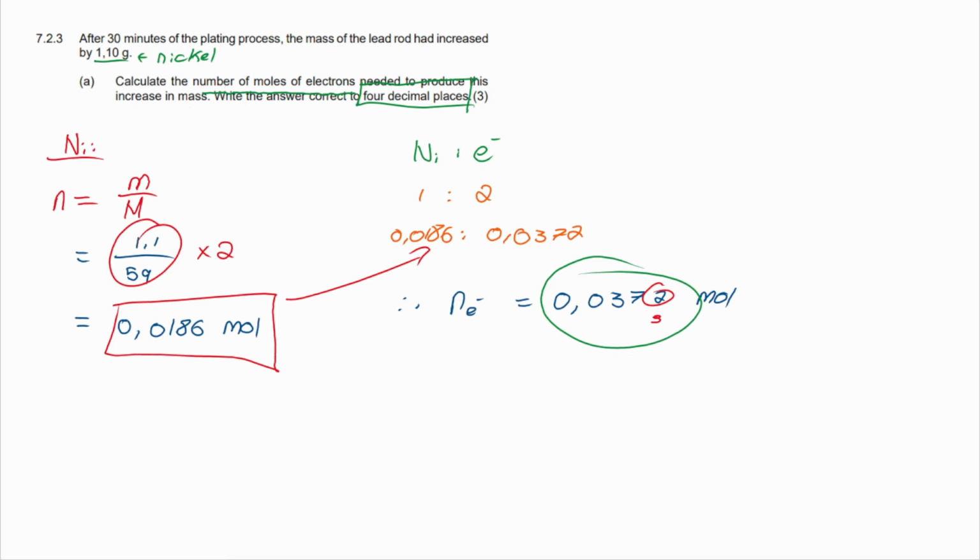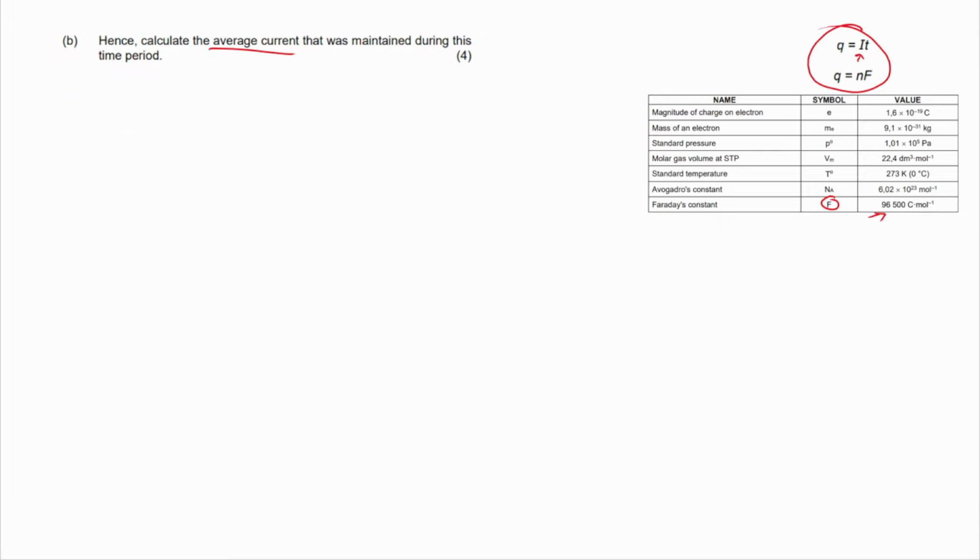They also give us a time, 30 minutes. What's very important is we need that in seconds. So that's going to have to be changed to seconds. We'll have a little star that needs to change to seconds. And the average current is I.